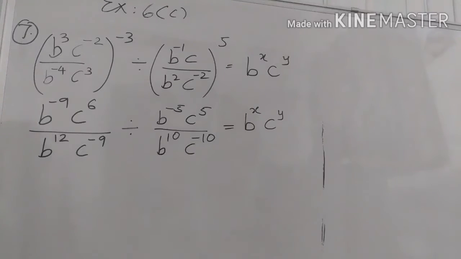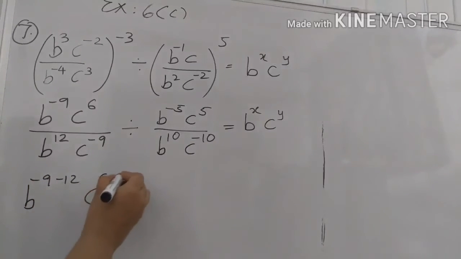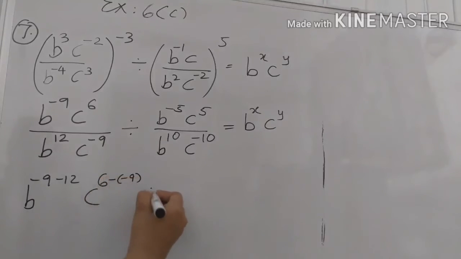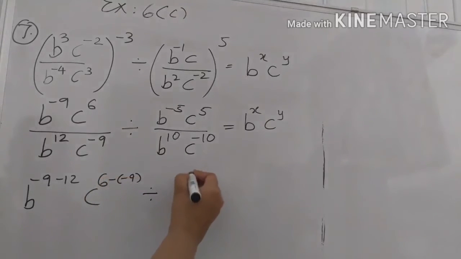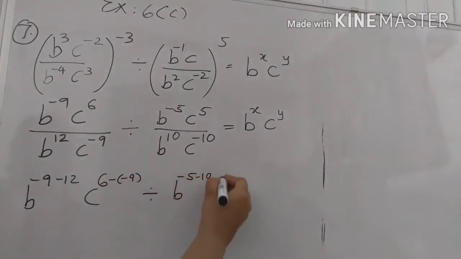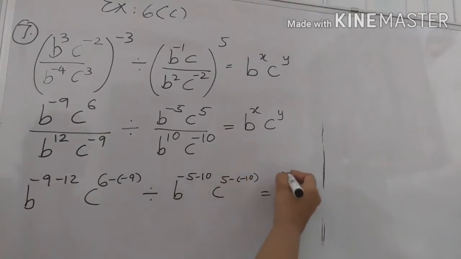Now what we can do here, first of all I use the division law. So b raised to minus 9 minus 12, c raised to 6 minus 9, in division, b raised to minus 5 minus 10, c raised to 5 minus 10 is equal to b raised to x, c raised to y as it is.